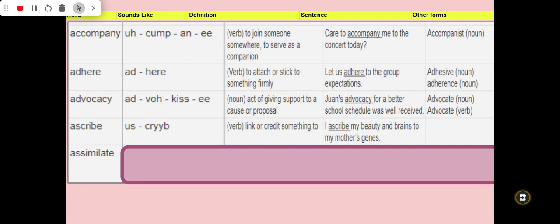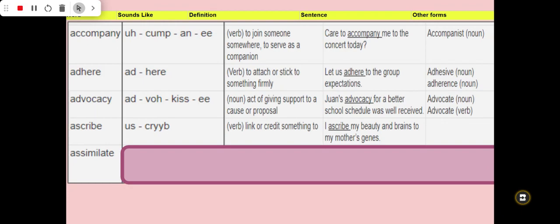Next word, advocacy. It's a noun. It means the act of giving support to a cause or a proposal. Like Juan's advocacy for a better school schedule was well received. It means he supported it. His support for a better schedule, his advocacy.